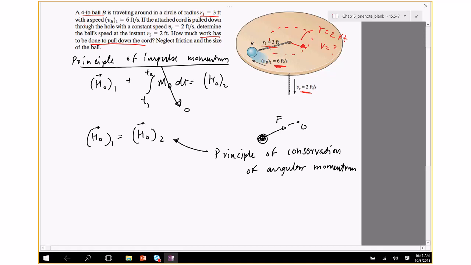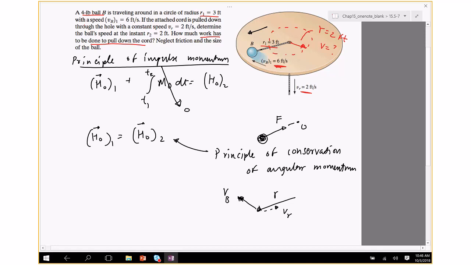R1. So R is pointing from the center towards the ball B. The ball has a velocity in this direction. It also has a velocity in this direction, VR, because it's being constantly pulled inside.